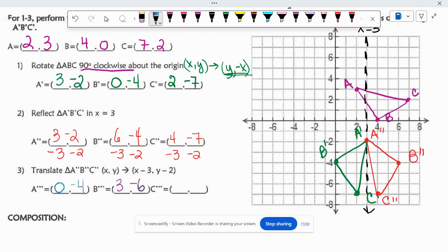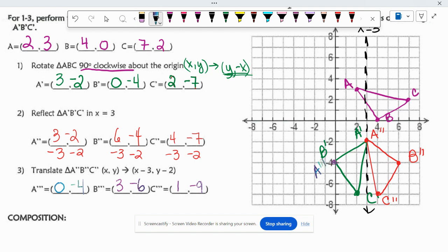-6. Is this making sense? You guys understand what we're doing? Okay, what is C triple prime going to be? 1 and what? Yeah, 1, -9. Okay, so A triple prime is 0, -4. So this is now A triple prime right there.